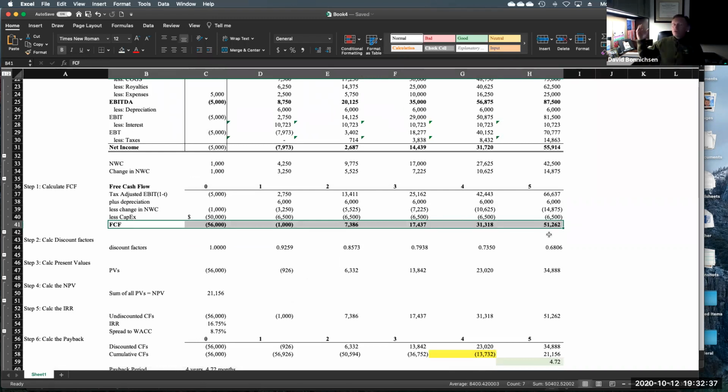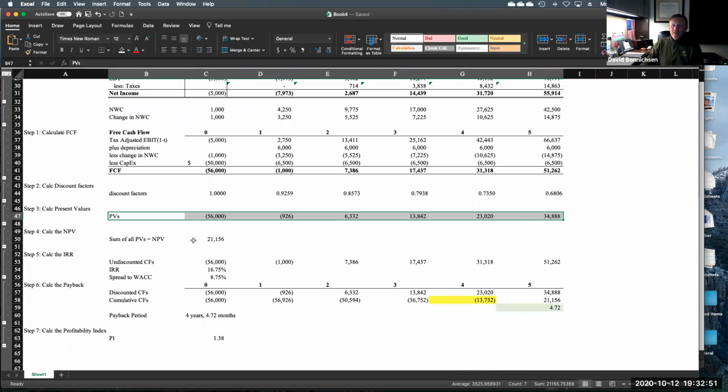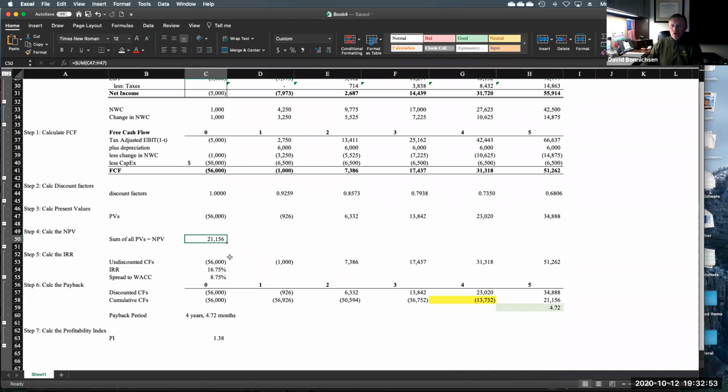What is the future projection of cash being derived from the projects that we are evaluating? And once we know that number and the Treasury Department gives us a discount rate, we can calculate the PV, we can calculate the net present value, we can calculate the internal rate of return based upon the free cash flows that we've got. And we can then make a decision on the projects that we're going to take on.